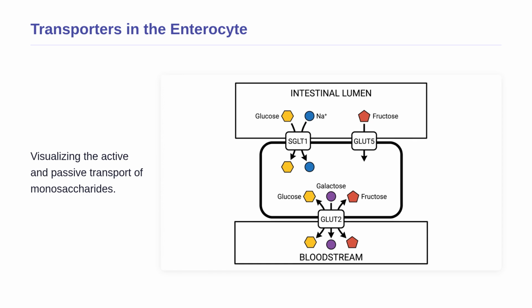Right next to it, the GLUT5 channel allows the red fructose molecule to flow in passively. Finally, look at the bottom membrane. The GLUT2 transporter acts as the universal exit, funneling all these precious energy molecules directly into the bloodstream. This elegant microscopic system ensures no energy is wasted.